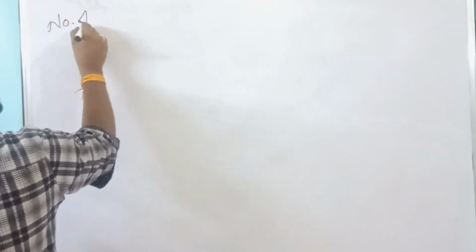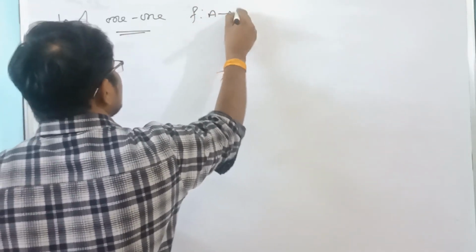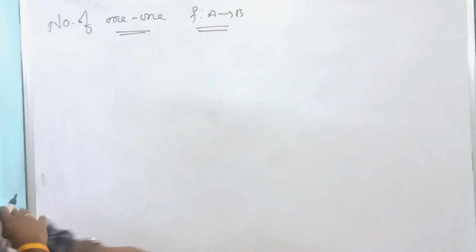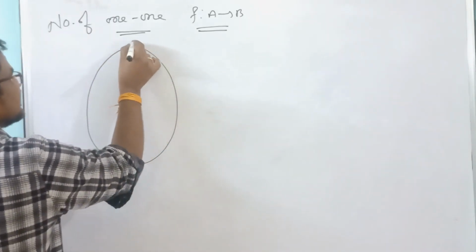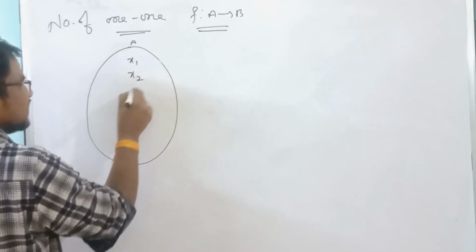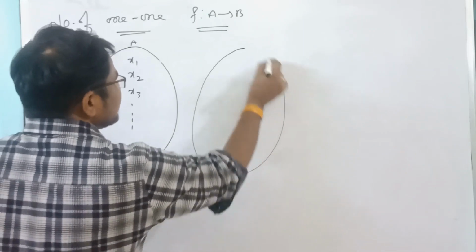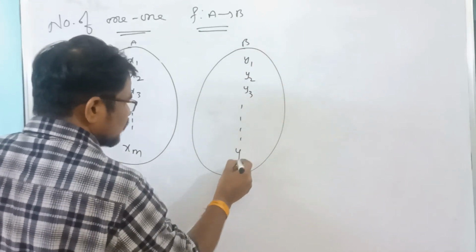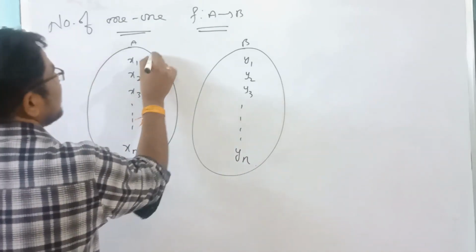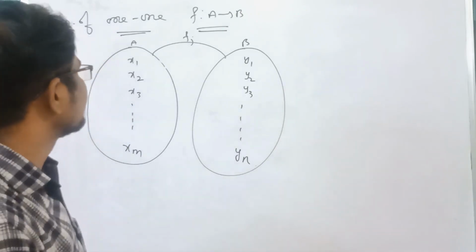Next, finding the number of 1 1 functions which are defined from A to B. Suppose you take set A contains m elements x1, x2, x3, etc., xm, and set B contains y1, y2, y3, etc., yn, and a 1 1 function mapping from A to B. Here also you have to observe carefully.